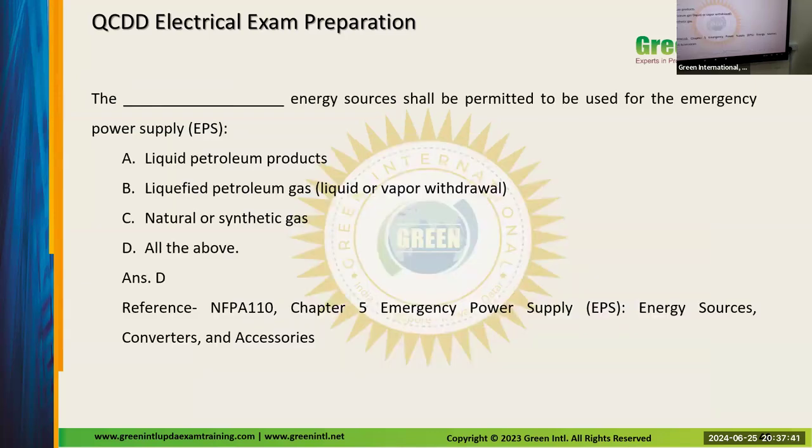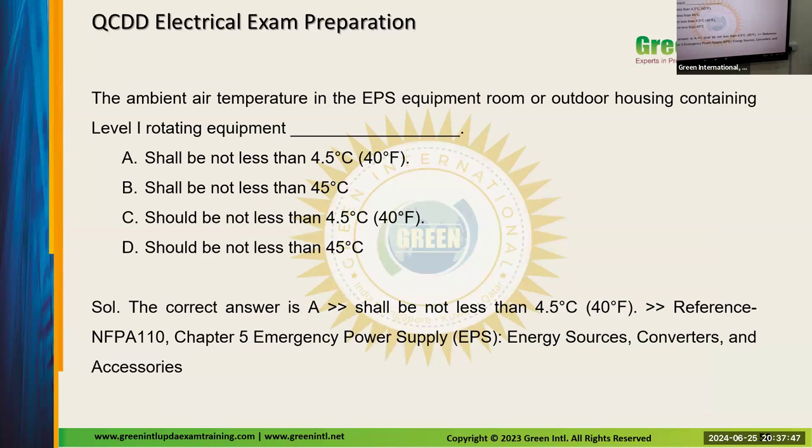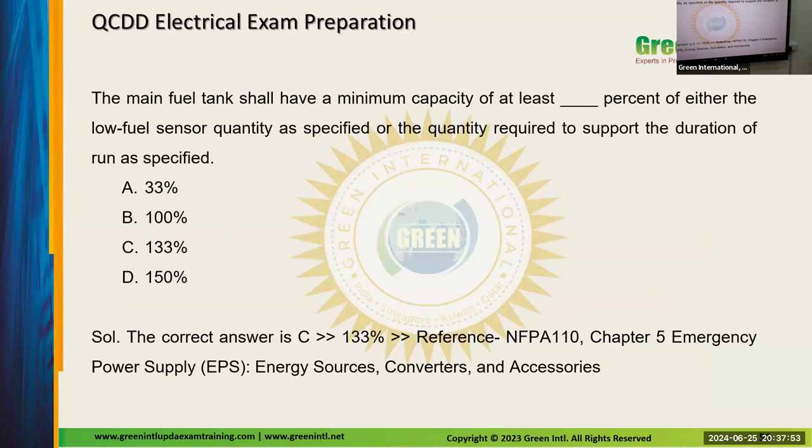So we have questions related to this chapter 5. Some of the questions we get, some engineers share, and some of the questions we frame from the entire standard, we coin new questions.